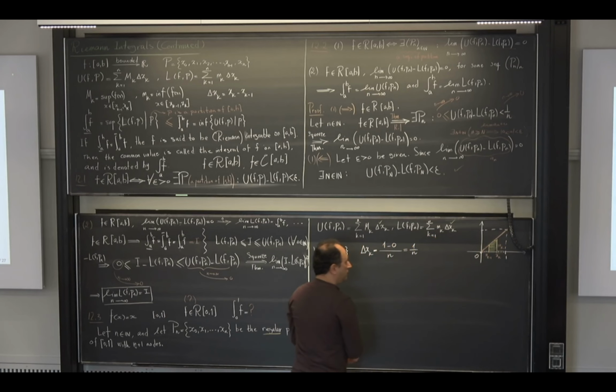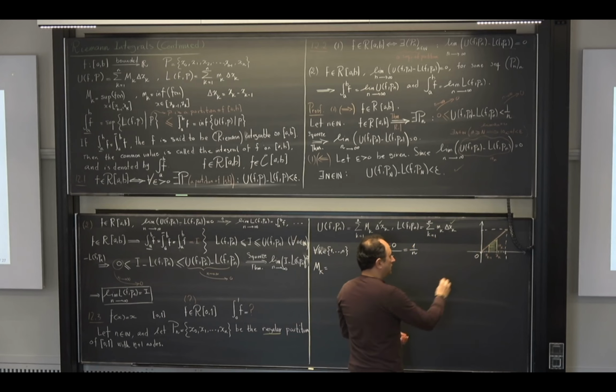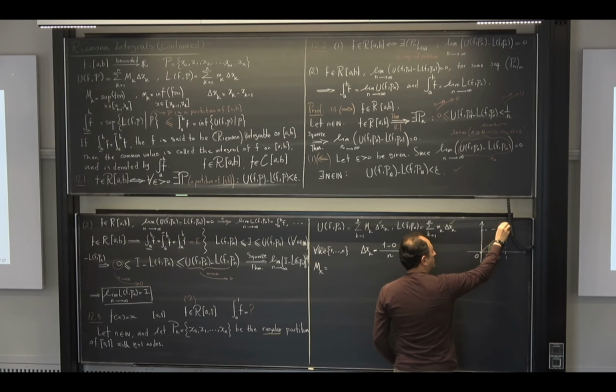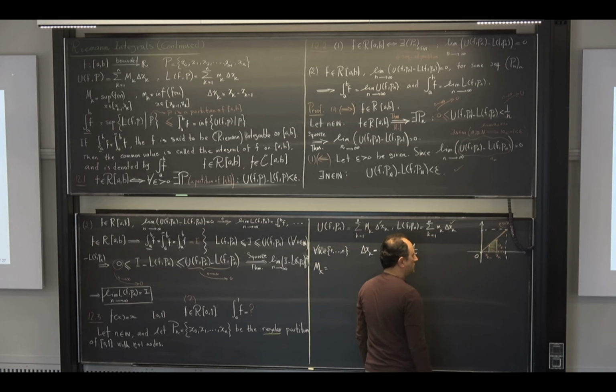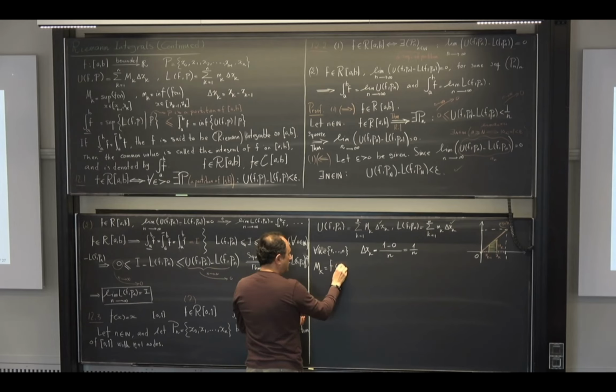Okay, but what is that? Because this function is y equals x, f of x equals x. I want to know the height. If I want to know the height, I have to feed x sub k into my function, and I get the height back. So m sub k is f of x sub k. Yes, it is f of xk.